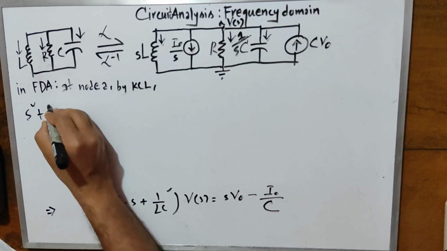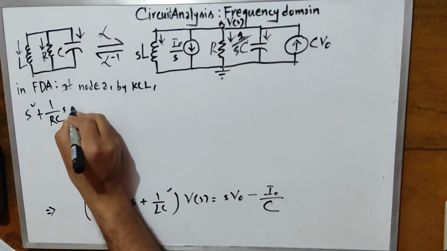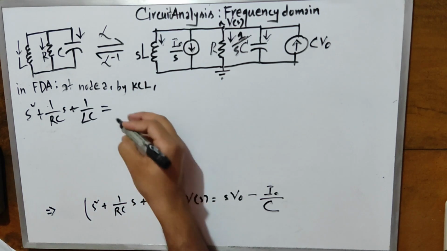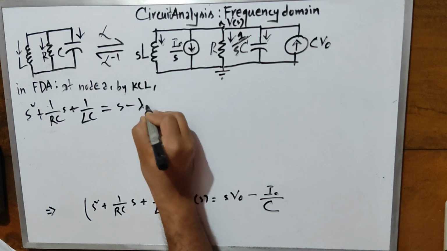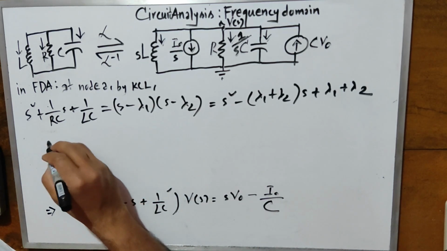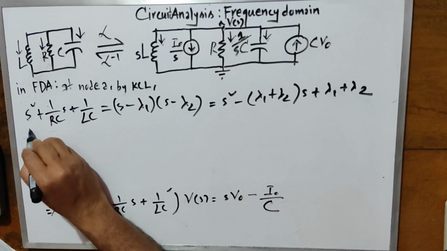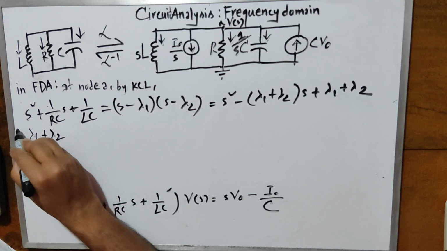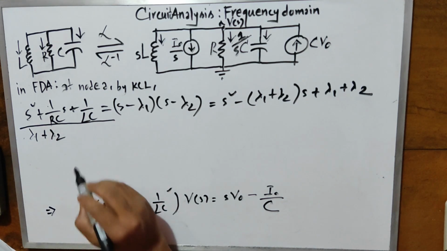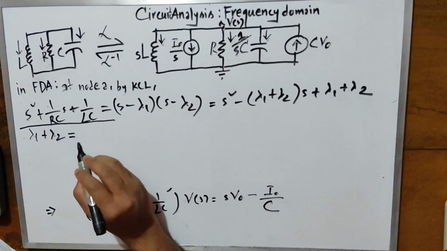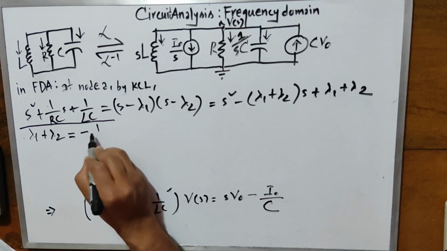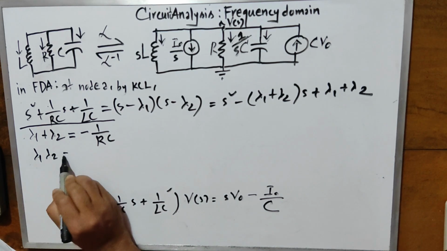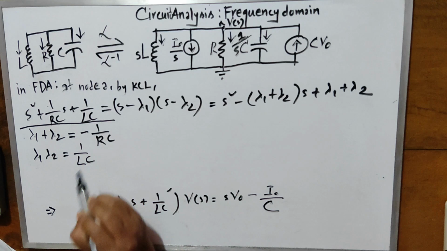S square plus 1 by RCS plus 1 by LC, say this is equal to S minus lambda 1 times S minus lambda 2. I'm going to equate the coefficients. By equating, it will give me lambda 1 plus lambda 2 is minus 1 by RC, and lambda 1 lambda 2 is 1 by LC.